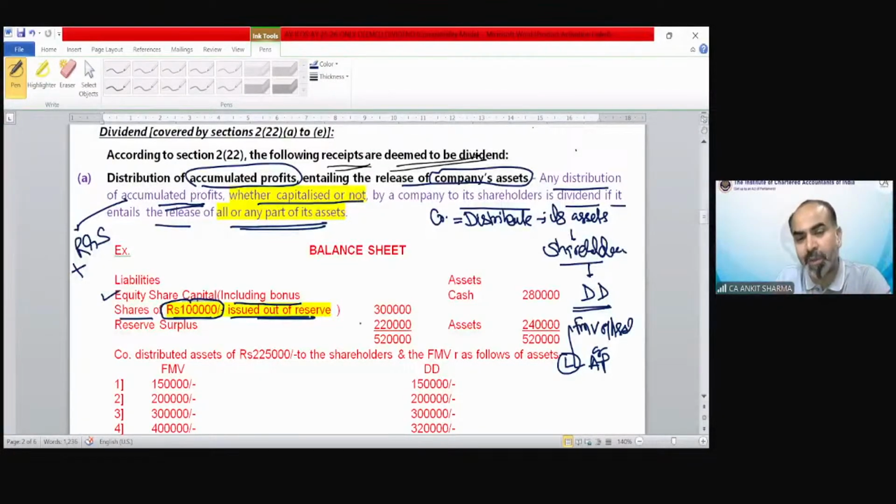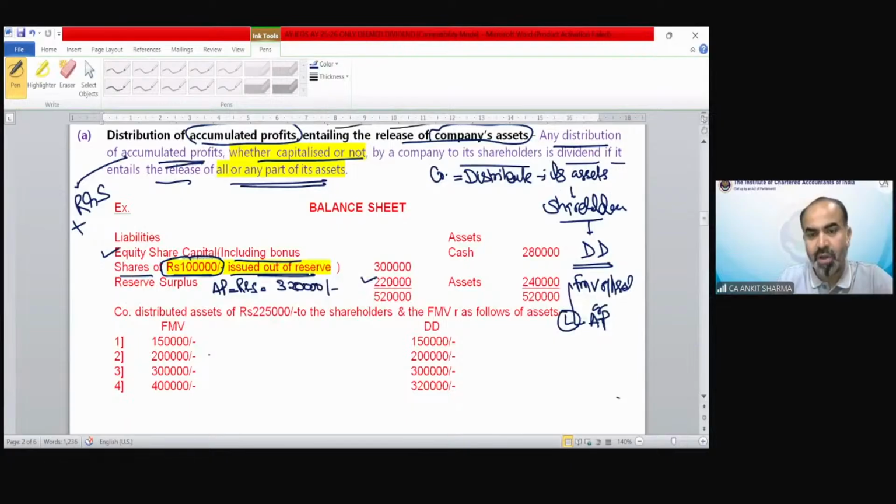So reserve and surplus was 2,20,000 and 1 lakh has been already utilized. So technically my reserve and surplus, or we can say accumulated profit, is not 2,20,000. Now it's 3,20,000 in this example. Clear? Now company distributes asset of 2,25,000 to the shareholder and the FMV are as follows.